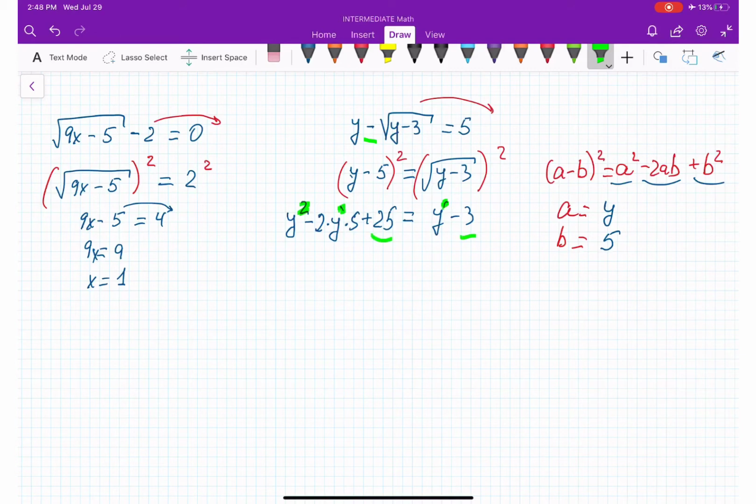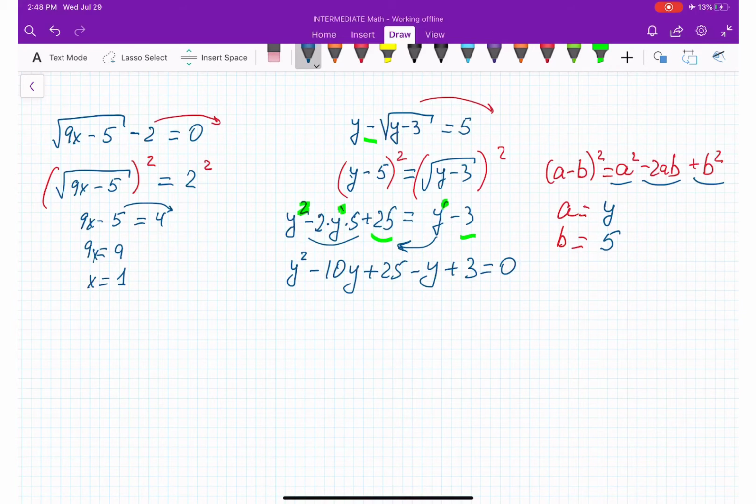So I have a quadratic equation. Let me move everything from the right side to the left so we can solve this quadratic equation. So we are ending up with solving a quadratic equation. So y squared minus 10y plus 25, minus y, I'm moving this to this side, and plus 3 equals 0.